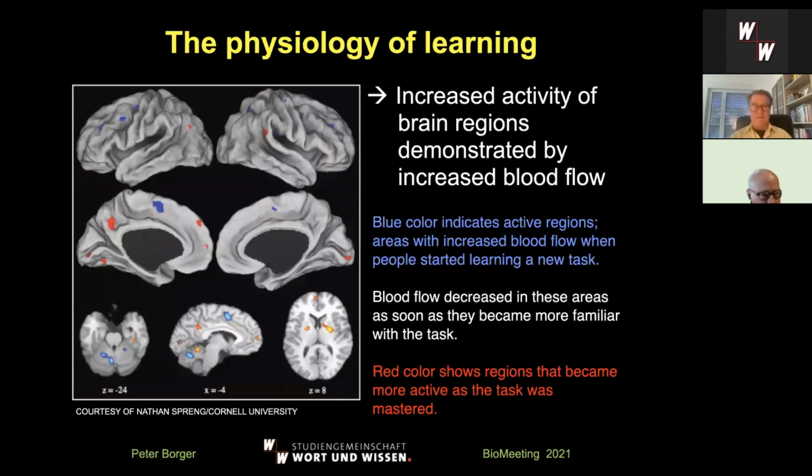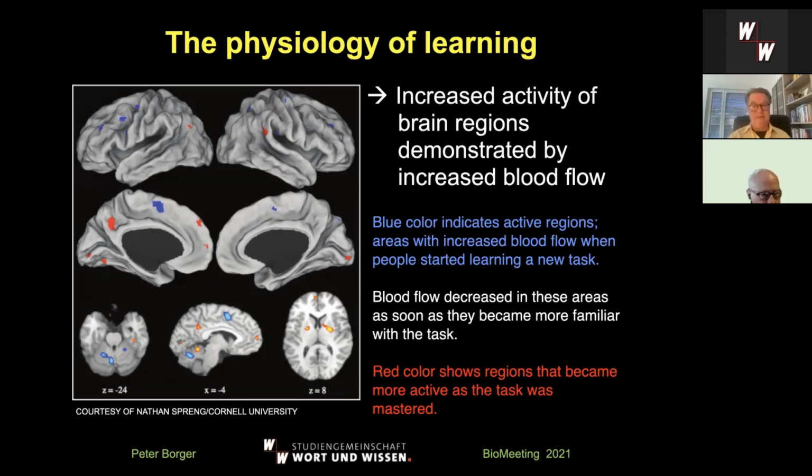And you can also visualize learning processes. This is, for instance, a functional MRI image. And this shows the increased activity of brain regions, which is demonstrated by increased blood flow. Here in this panel on the left-hand side, you can see that the blue color indicates active areas in the brain with increased blood flow when people start to learn a new task.